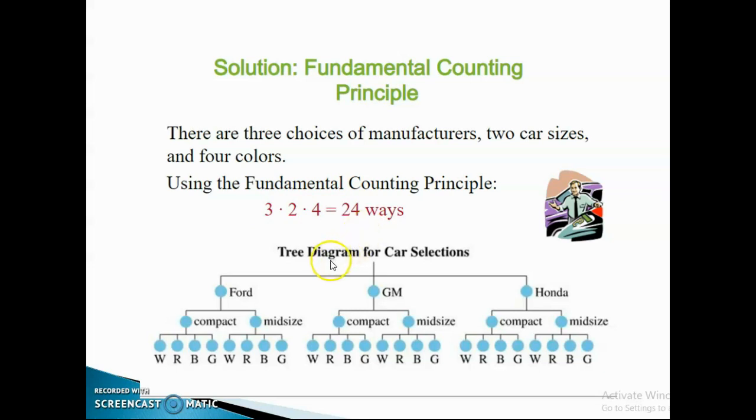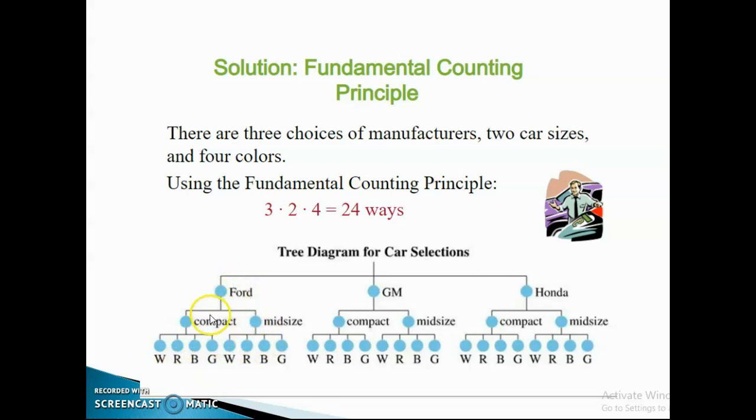Using a tree diagram, you can see there are three choices for manufacturers, Ford, GM and Honda. For each manufacturer, two car sizes are available, compact size and mid size. And for each car size, there are four colors which are available, white, red, black and green.